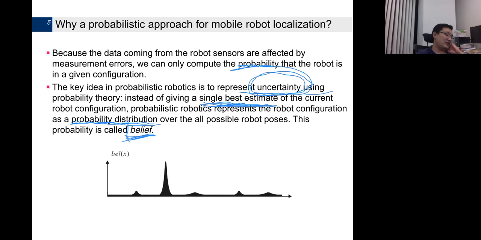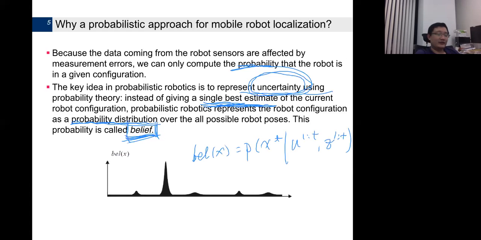This is called a belief. And I know about the equation of belief already, right? Previously in the lecture. So belief is what? Belief of x is the posterior of x_t given all the previous controls and the previous observations, right?